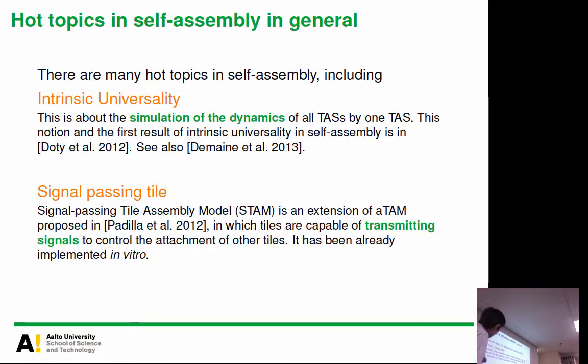But signal passing tiles can send signals, activate other signals, or deactivate some signals. Sometimes tiles fall apart, and such things can happen. This is a very new topic, but nice papers just came out, and we have big expectations for signal passing tiles.